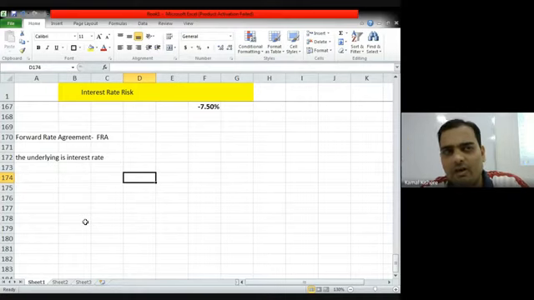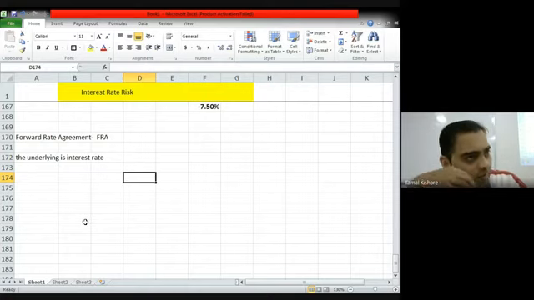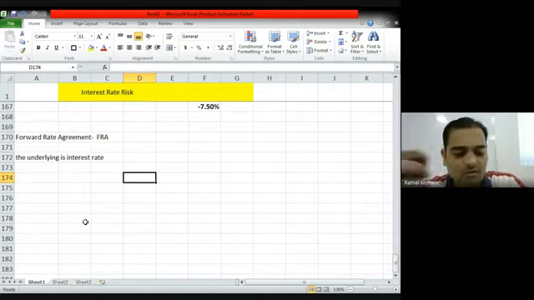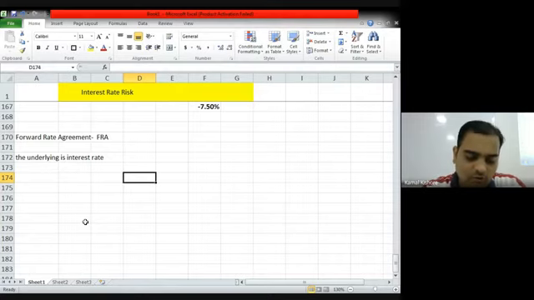That means I have a net negative gap, so I have to pay interest, and my interest rates are, let's say, increasing or decreasing, whatever it is. I want to freeze the interest rate.